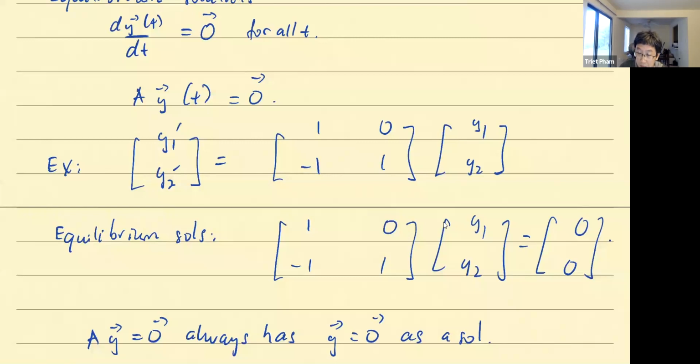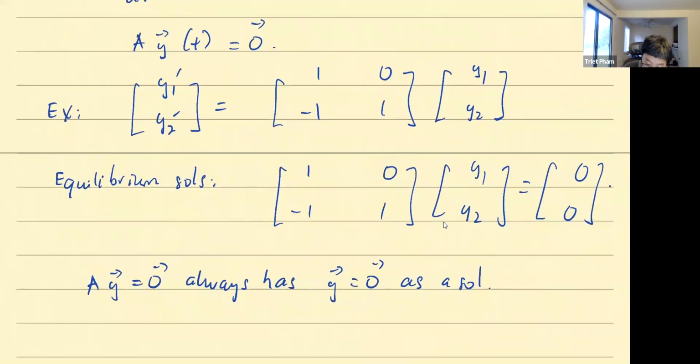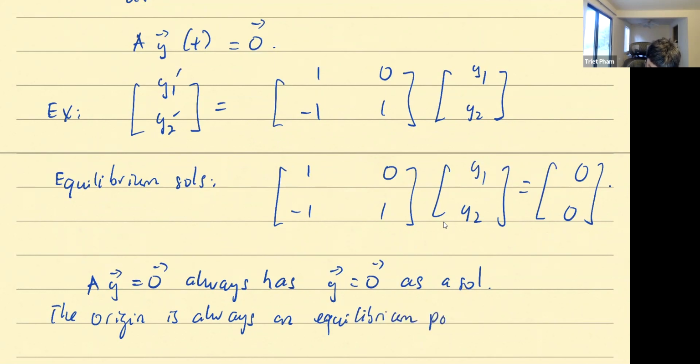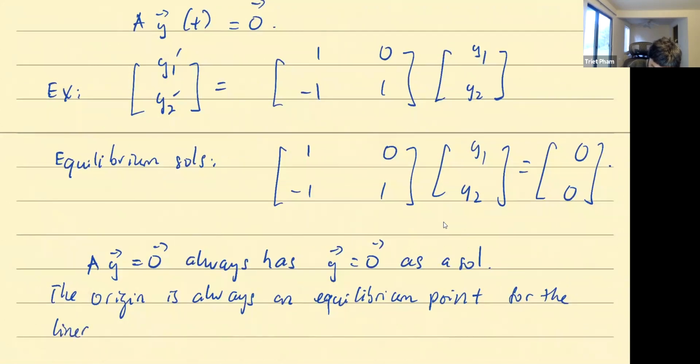So what does that mean? What that means is the origin is always an equilibrium point, for the linear non-homogeneous system.